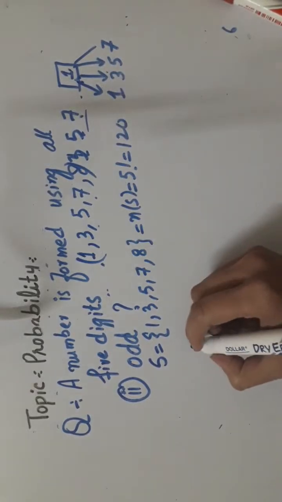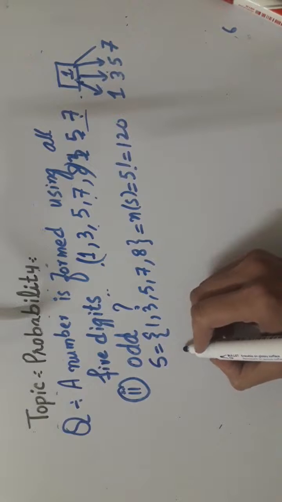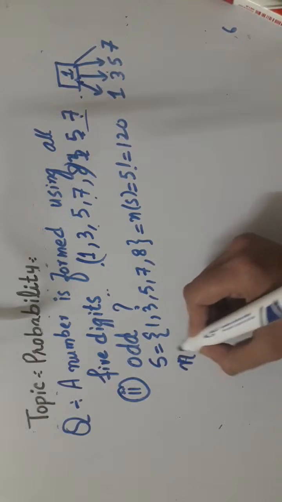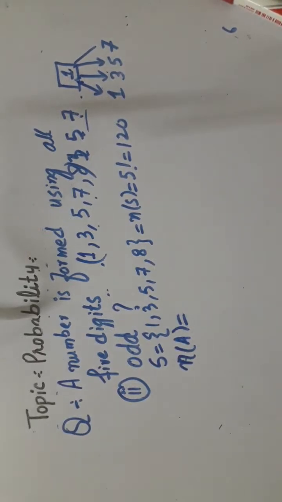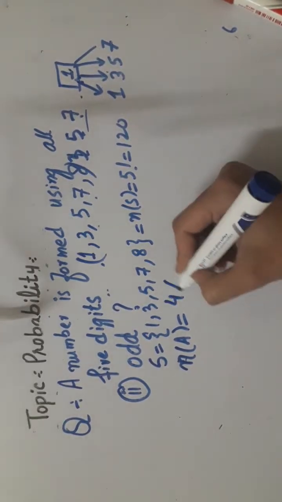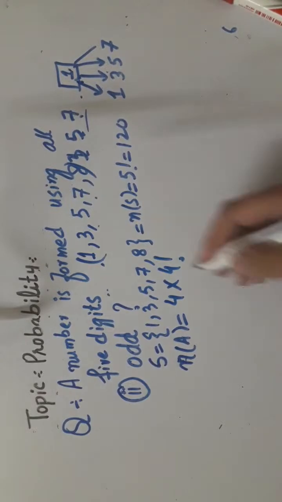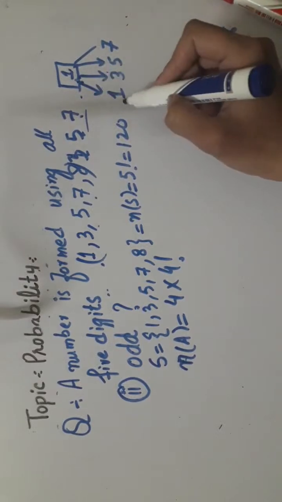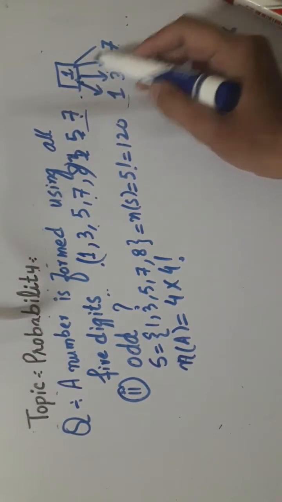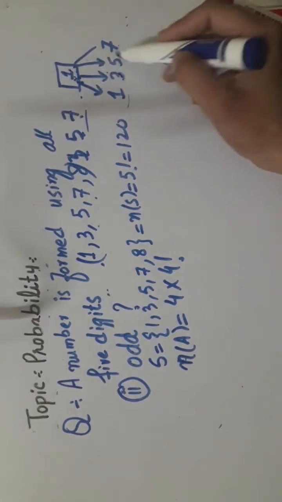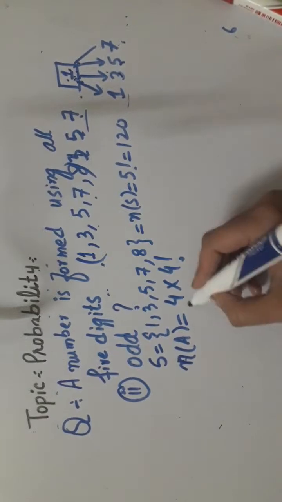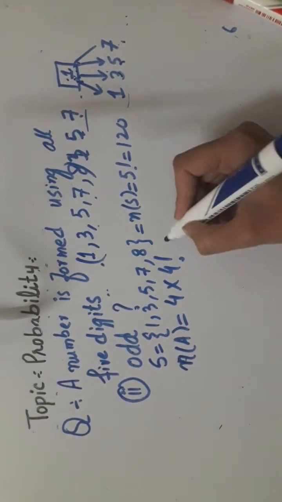So n of A contains 4 multiplied by 4 factorial. Why do we use 4? Because the last digit is replaced by these 4 numbers. We can use 1, we can use 3, we can use 5, we can use 7 in the place of this last digit. So we will write this as 4 multiplied by 4 factorial.